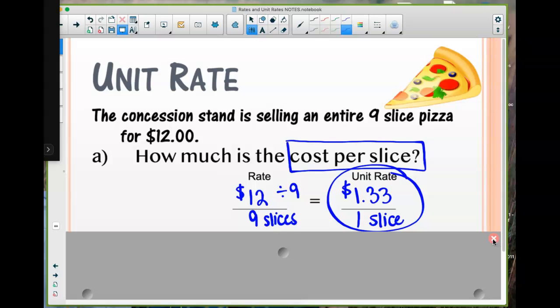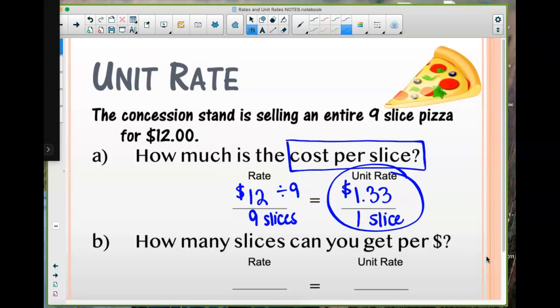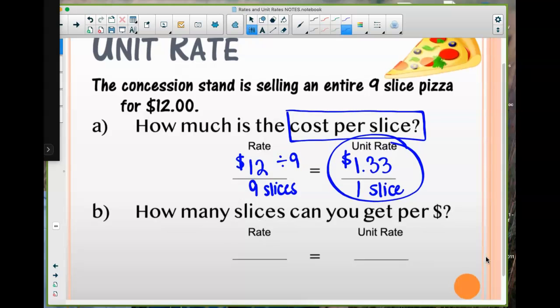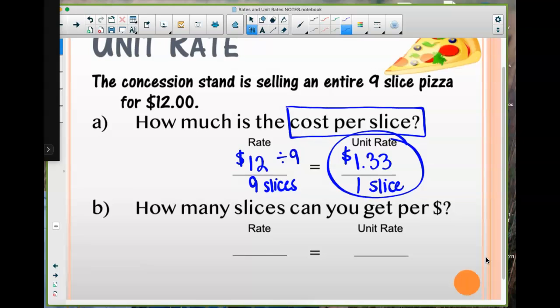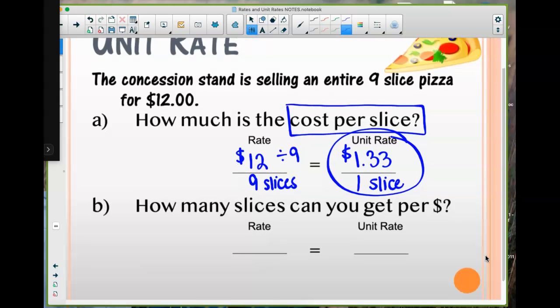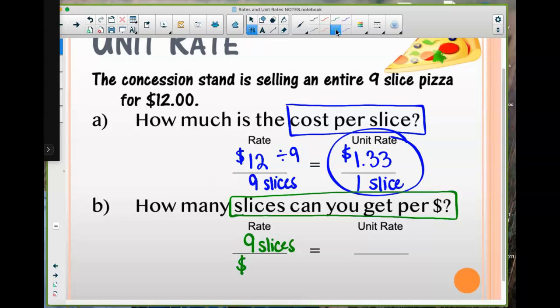Okay, now let's figure this out the other way around. How many slices can you get per dollar? Okay, so I said you have to pay attention to how the question is worded. This one says, how many slices can you get per dollar? So slices has to come first. So we would put 9 slices over $12.